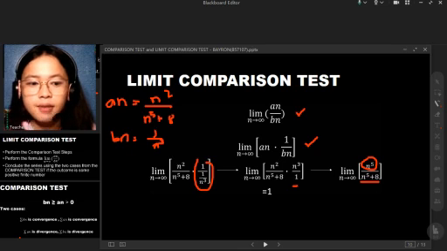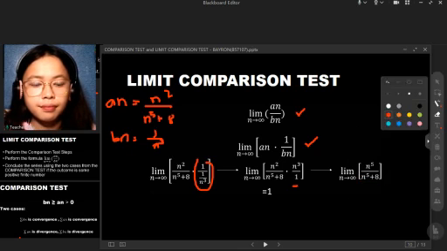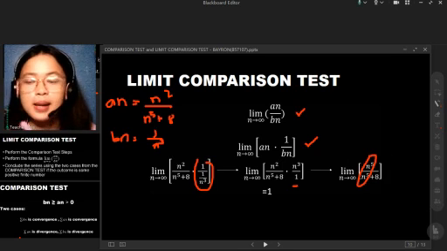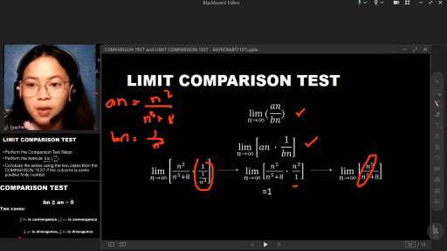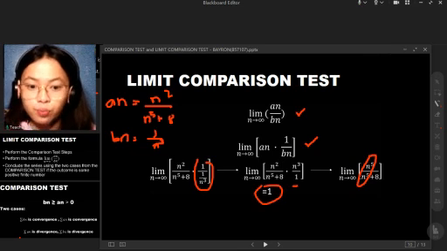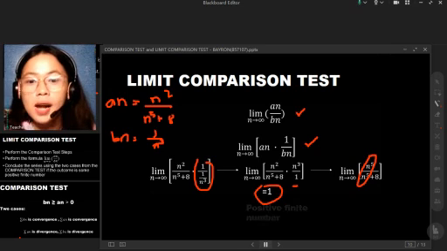So the limit of n raised to the power of 5 over n raised to the power of 5 plus 8 is equal to 1. So 1 is a positive finite number.